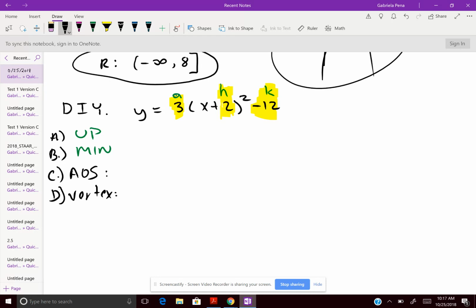Remember, axis of symmetry is just your h, which is -2. Remember, if you see a plus, it's actually a minus, so it's a -2. So x equals -2, and that makes my vertex -2, comma, -12. Perfect. So we did that part.